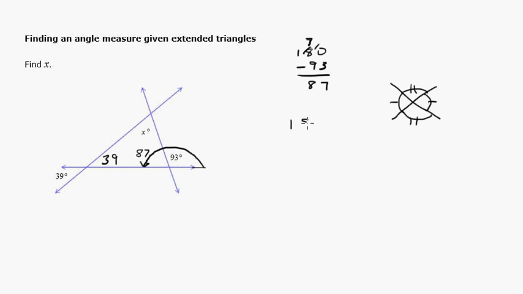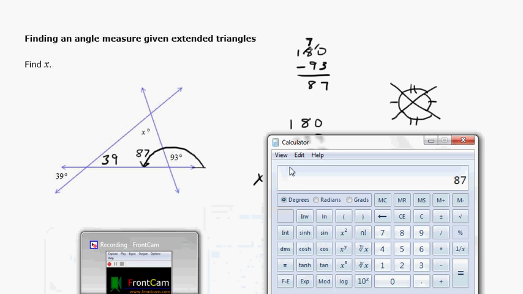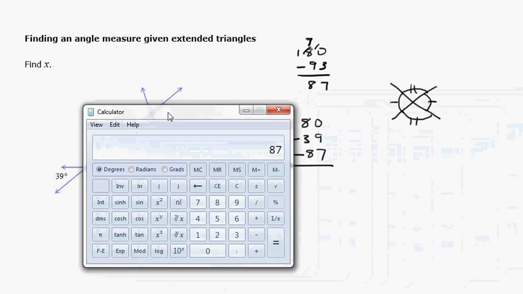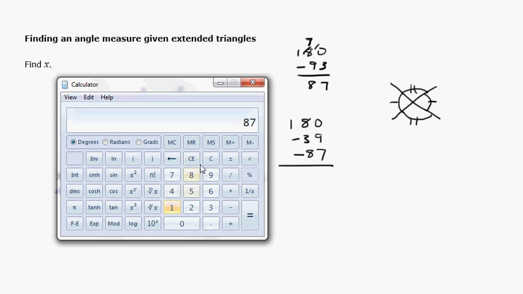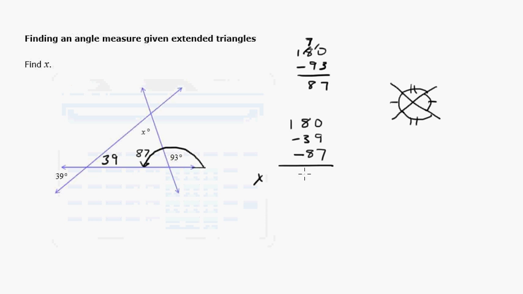So I can say 180 take away 39, take away 87, that will give me X. Let's do that on the calculator. Clear. 180 minus 39 minus 87 equals 54. Okay, so X equals 54.